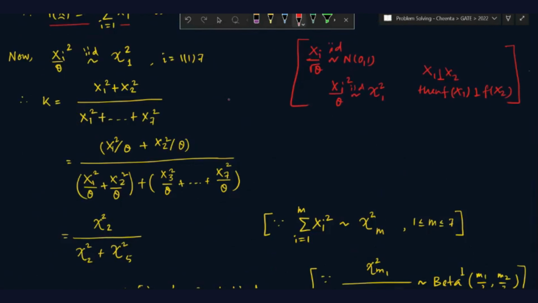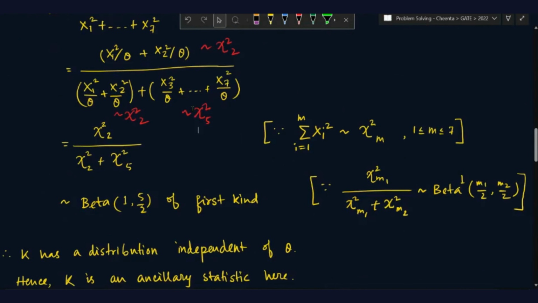So we define K equal to X1 square plus X2 square over the sum. We can adjust it by writing X1 square by theta plus X2 square by theta, and the denominator is also adjusted by dividing by theta. So the numerator follows chi square 2, the numerator part is also chi square 2, and the remaining part follows chi square 5. Hence we get chi square 2 by chi square 2 plus chi square 5.